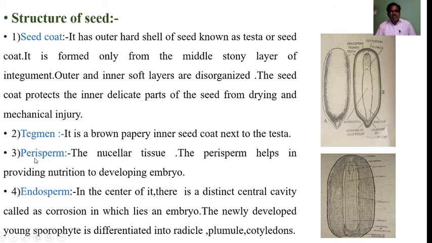Then the third portion of the seed is the perisperm. The nucellar tissue, the perisperm, helps in providing nutrition to the developing embryo.